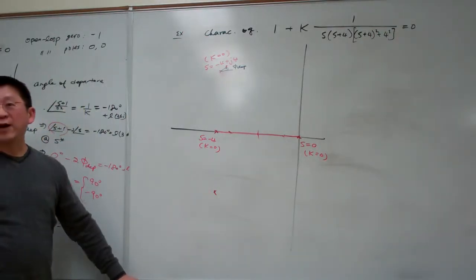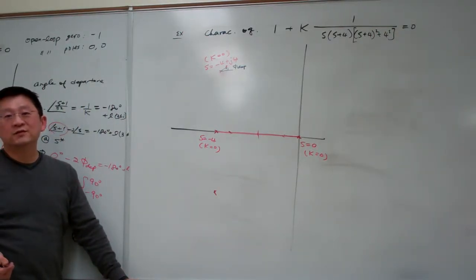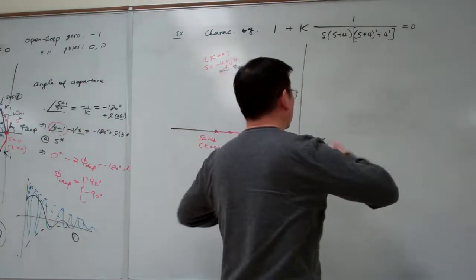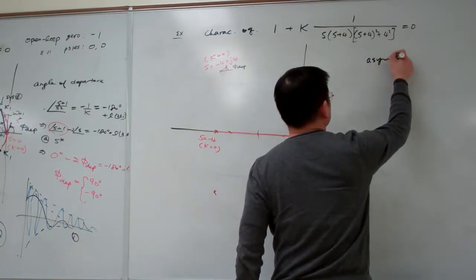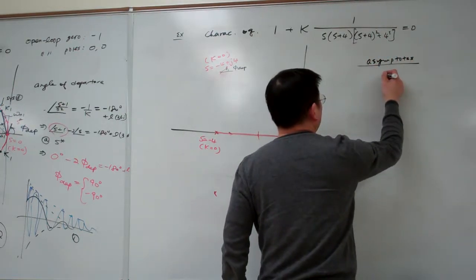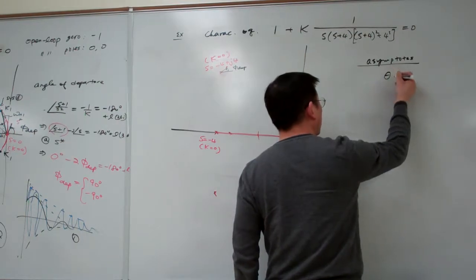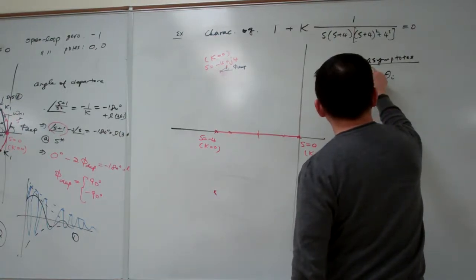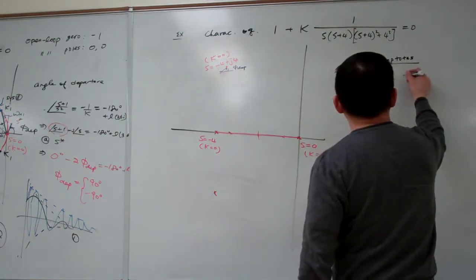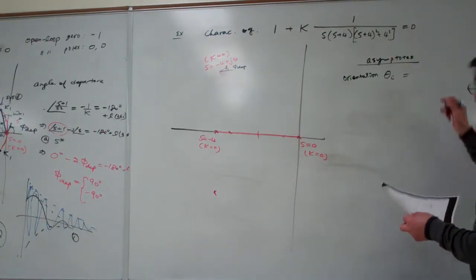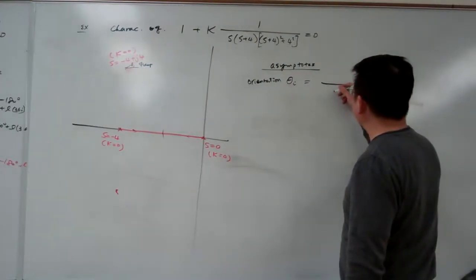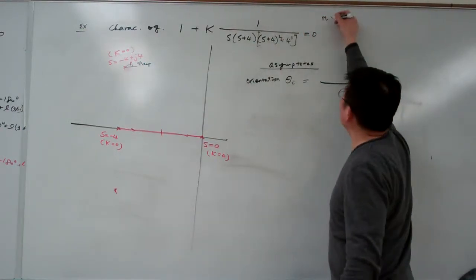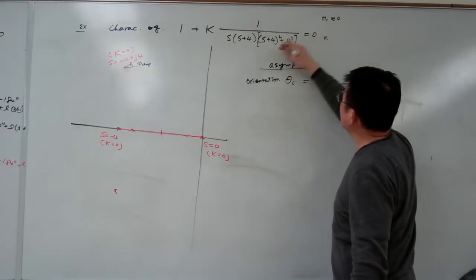At this moment, it would be wise for us to find the asymptotes first to approximate their eventual behavior. So here we'll do the asymptotes, the orientations. If you remember, let me plug in the equations directly. Here we have m, the degree of the numerator, equal to 0, and the degree of the denominator equal to 4.